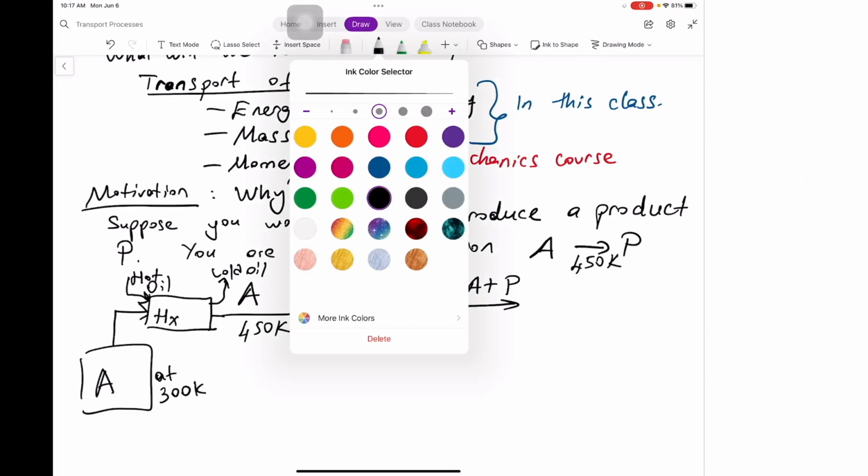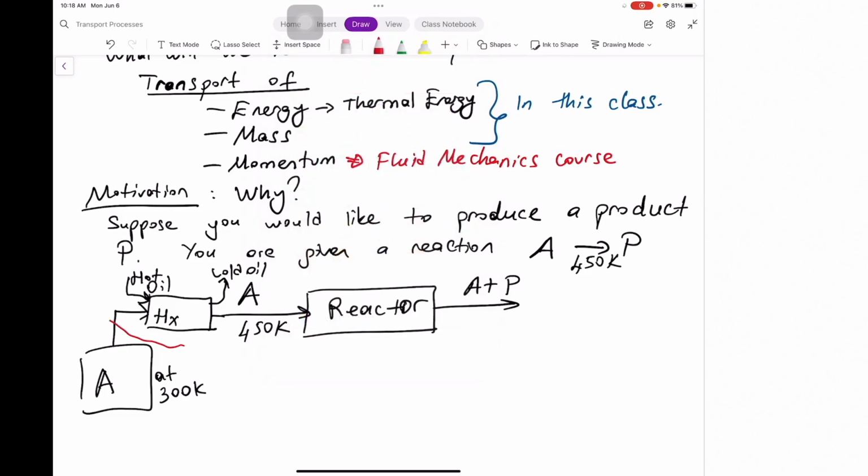But when you look at this section, which is called a heat exchanger, you cannot just say, I'm going to heat up the inlet stream from 300 Kelvin to 450 Kelvin. You should come up with a device.